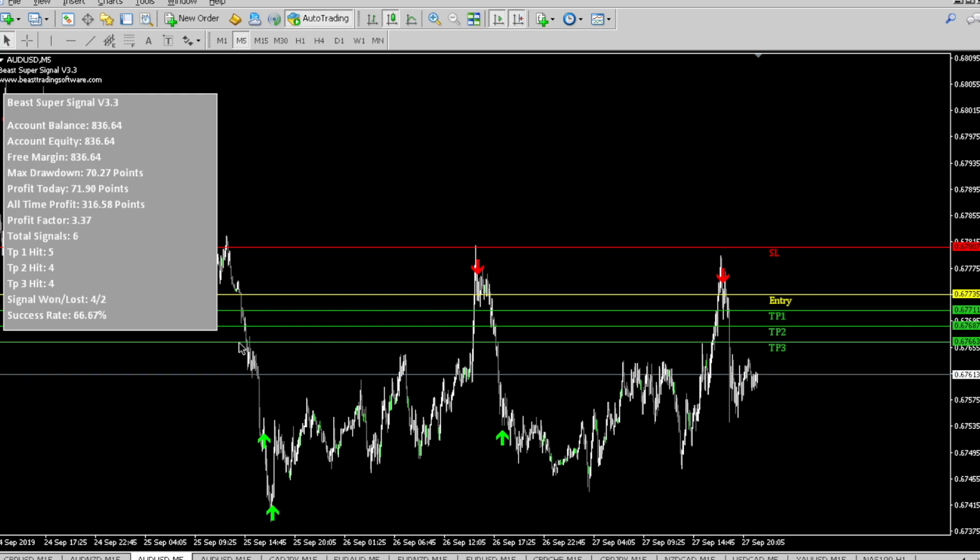So on some charts and some time frames you might find that the success rate is lower, as in this case it's 66%, but on other charts or other time frames and other pairs the success rate could go up to 80, 90, even 100%. So it does average out around 70%, but that's not to say that even having a lower success rate is not profitable, as in this case you could see the profit that we made even though the success rate was below 70%.